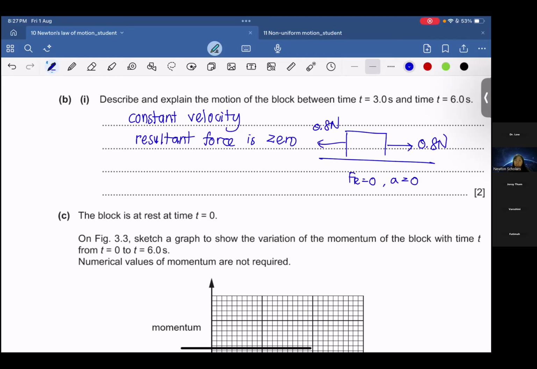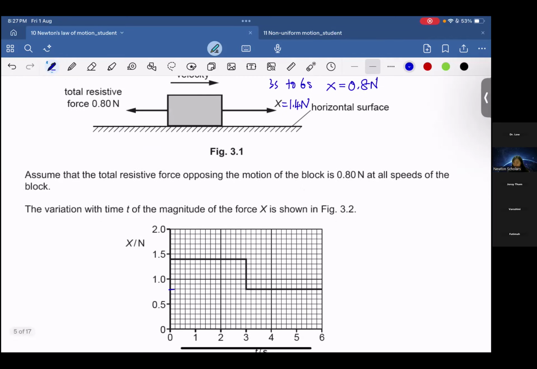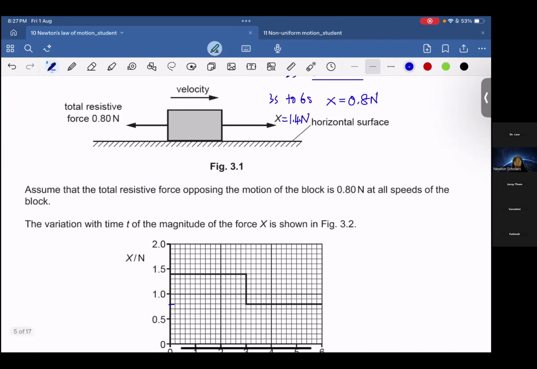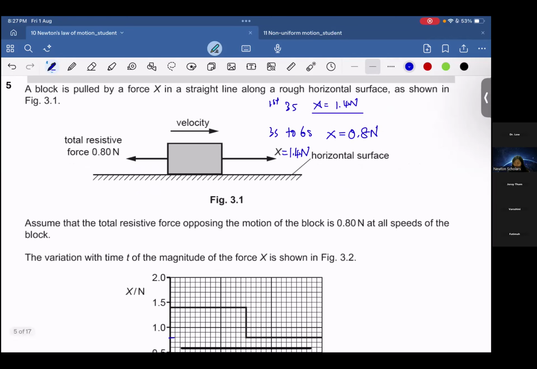Two possible answers: maybe at rest or moving with constant velocity. But we choose constant velocity because the object is already moving at the start. Starting here is 1.4 minus 0.8, so 0 to 3 seconds is accelerating. After that it is constant speed, moving.